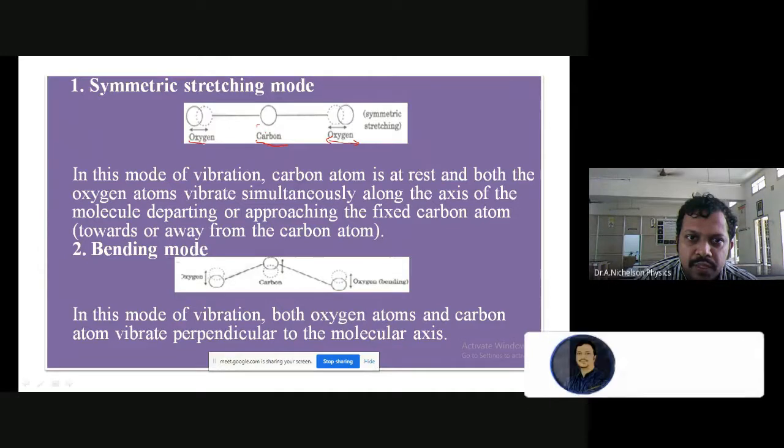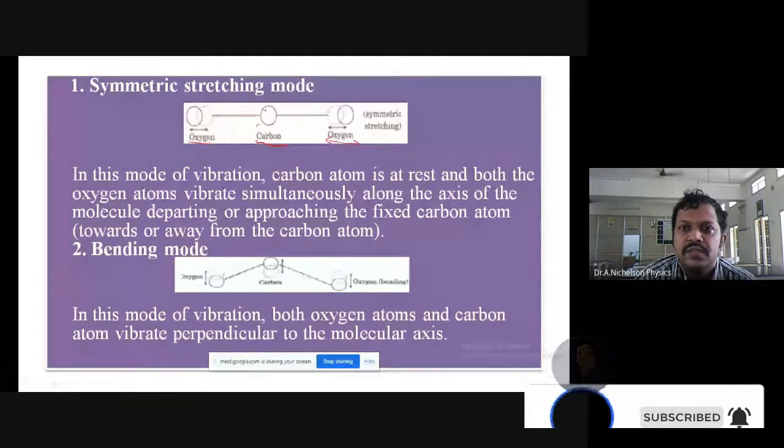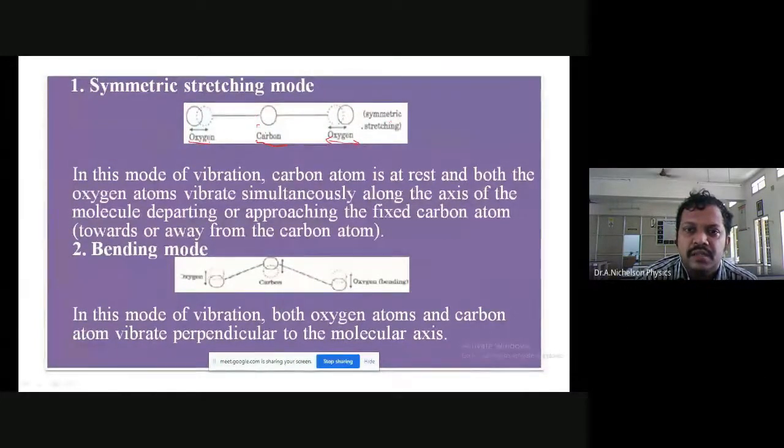One time it moves towards carbon, and the other time it moves away from the carbon. But carbon is fixed. Okay, so this is called symmetric stretching mode. So both these oxygens vibrate simultaneously along the axis. Okay, along this axis. So that's what I explained here.